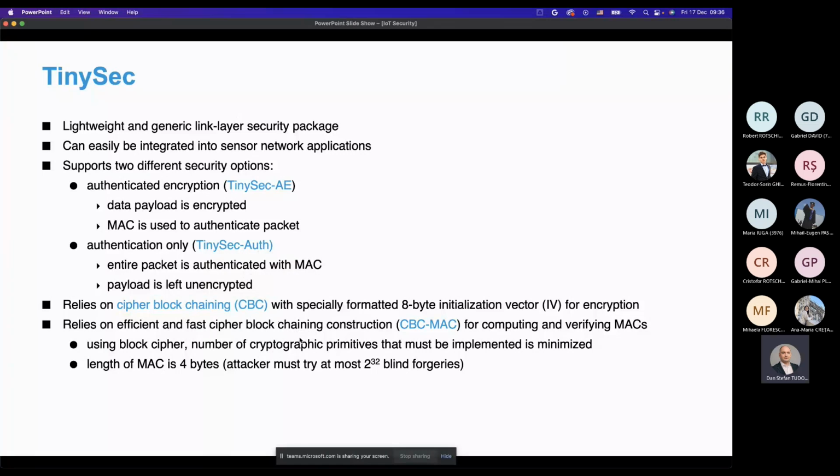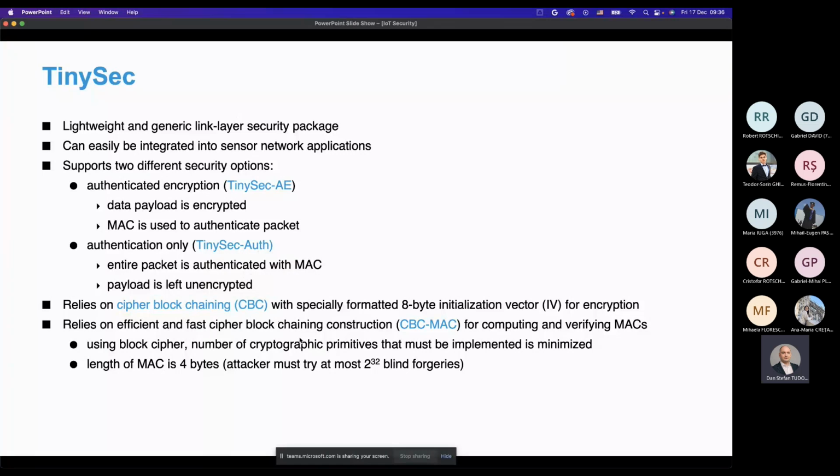So for authentication, TinySec relies on efficient and fast cipher block chaining constructions for computing and verifying MACs. An advantage of this scheme is that since it relies on a block cipher, it minimizes the number of cryptographic primitives that must be implemented here. So it's beneficial for sensor nodes with limited storage capabilities.